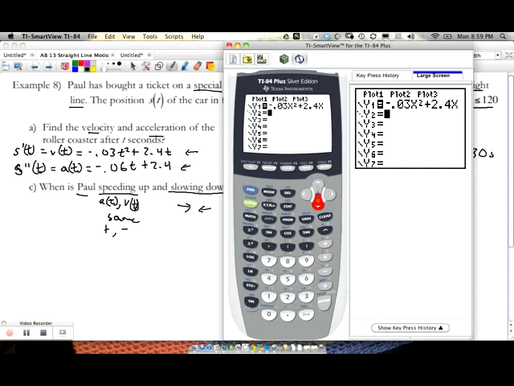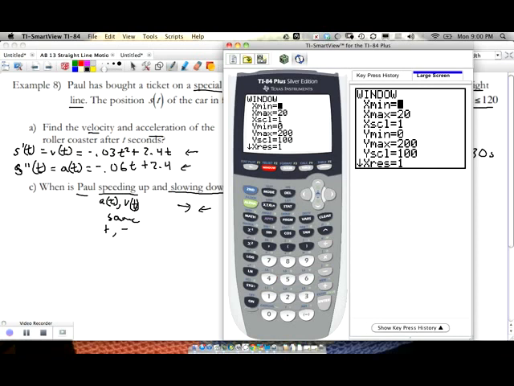And then the second function is negative 0.06 times x plus 2.4. That's just a linear function. Now when I graph this, my window isn't going from 0 to 20, I'm going from 0 to 120 for my interval horizontally. Let's see what our graph looks like.